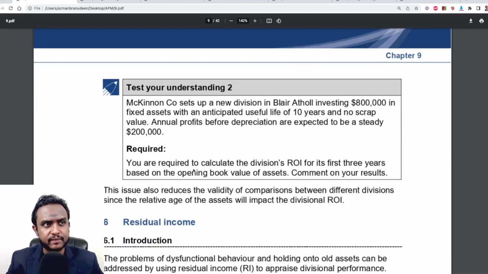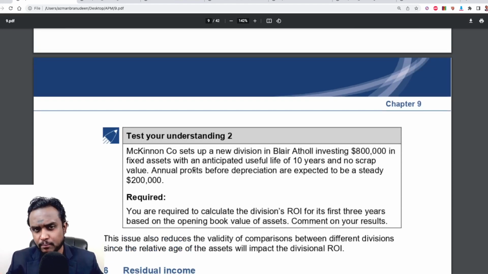It proves that with book value, while you're using a net book value approach, as your asset base ages, your ROI keeps improving, obviously, because your denominator keeps falling. And is that a good thing? Does that mean that the division is doing well because of the age of assets?